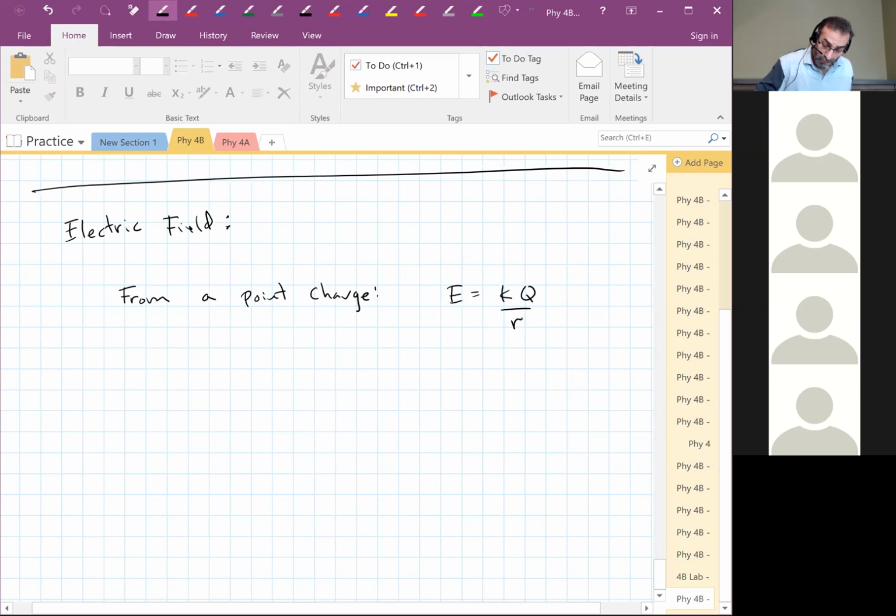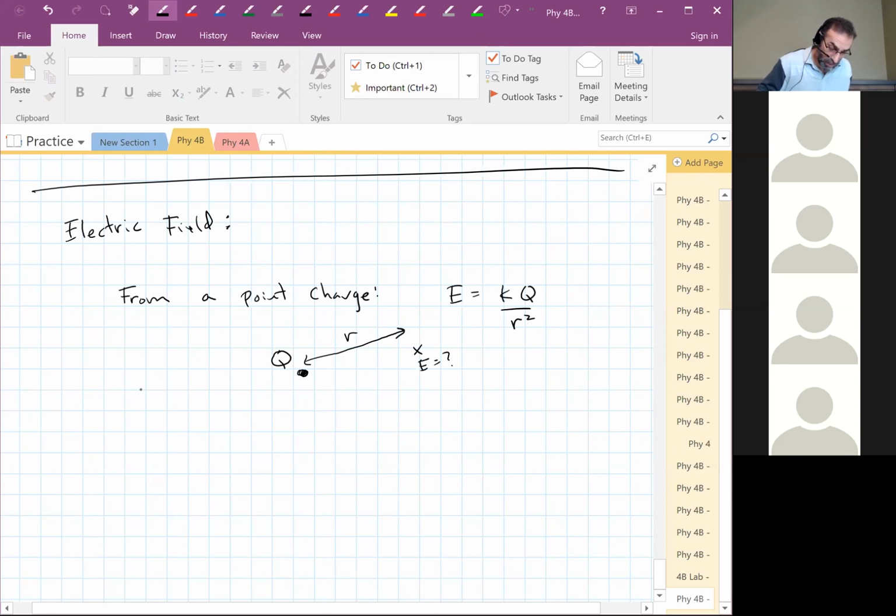So we've got some charge Q, and we want to know what's the electric field over here. We use this equation. We need to know the distance between these two points, and we use that equation.